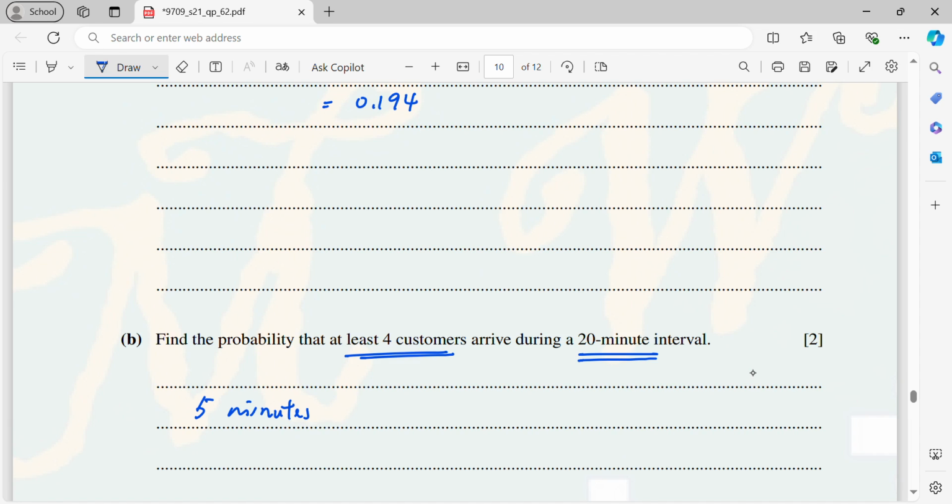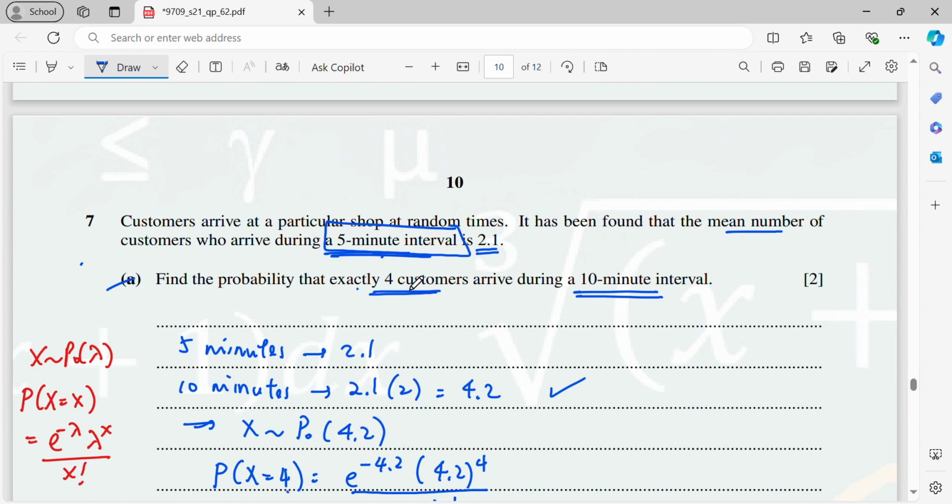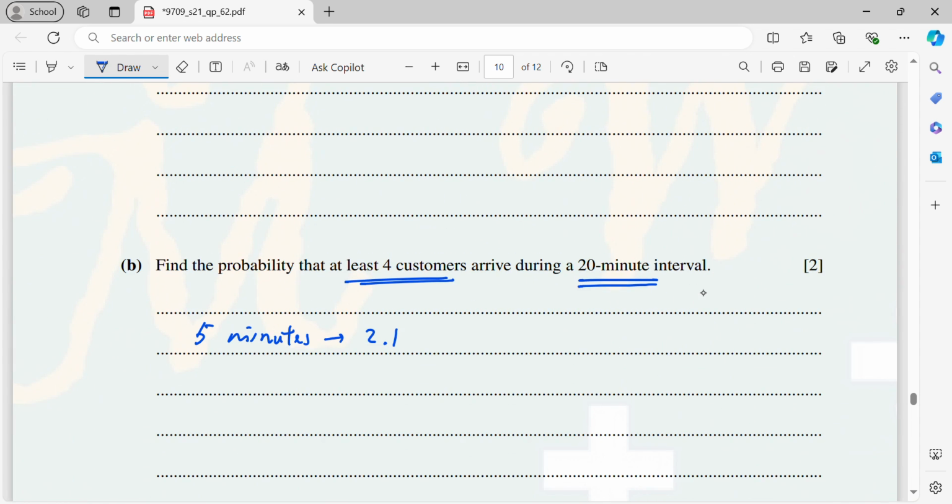It will be 2.1. So 5 minutes is 2.1, and now for 20 minutes it will be 2.1 times 4, then you will get 8.4. And now here I will write X is Poisson distributed with mean 8.4.